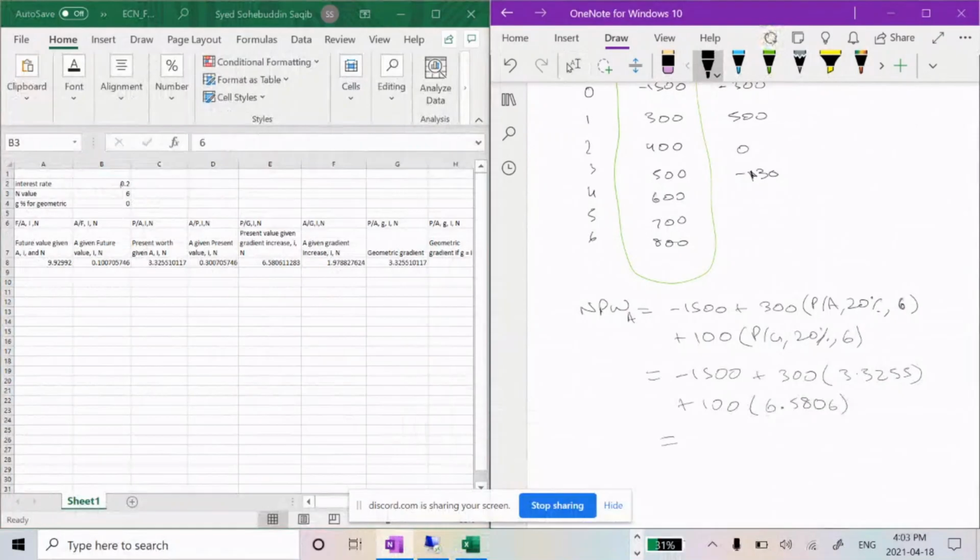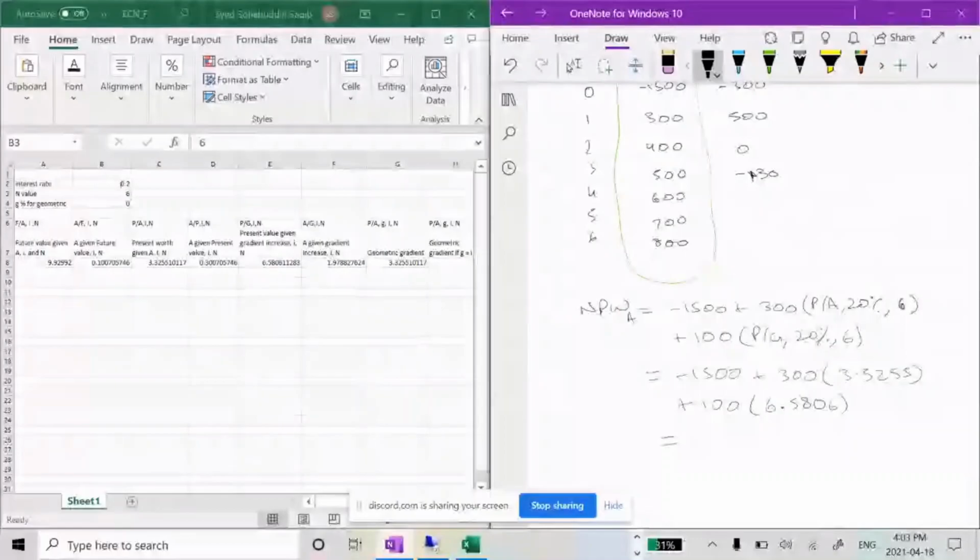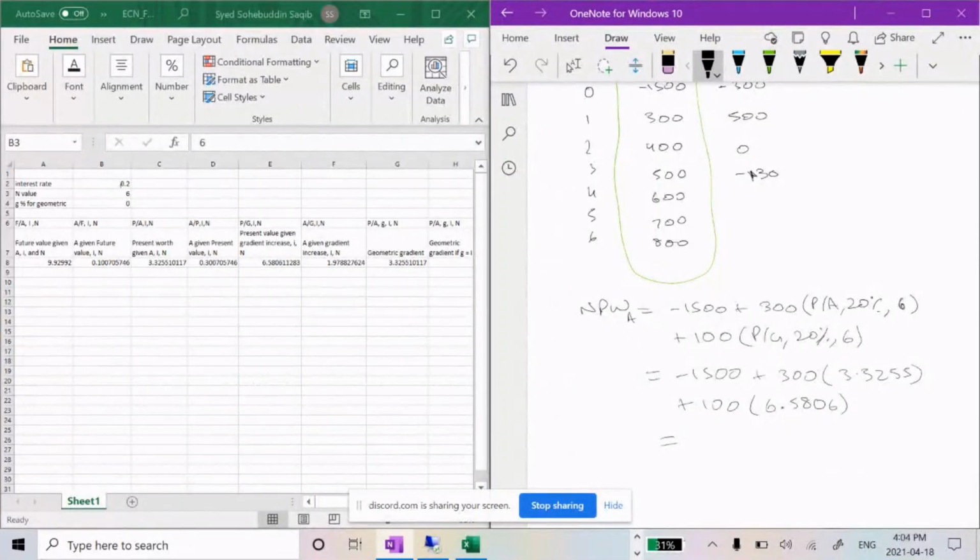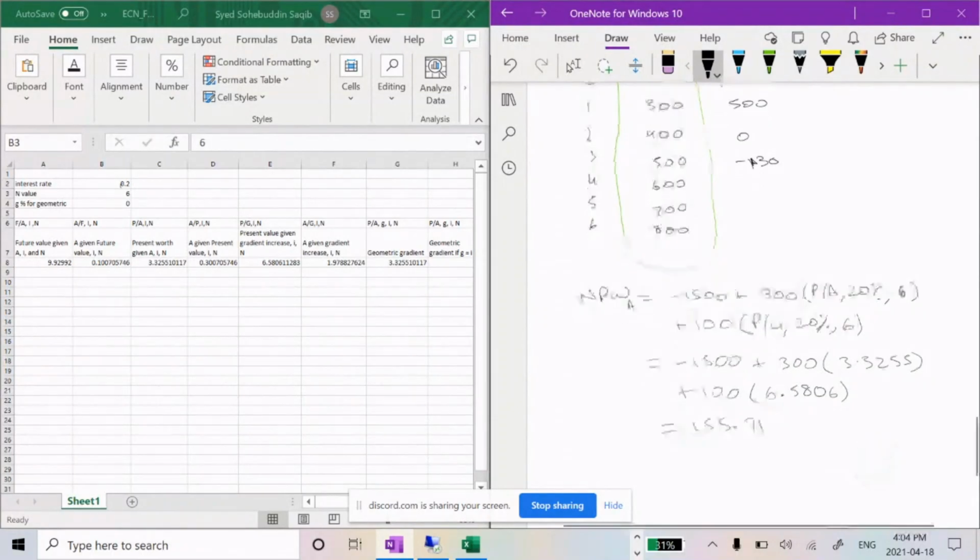Plugging this in, you get 155.71 as the present worth of this one.